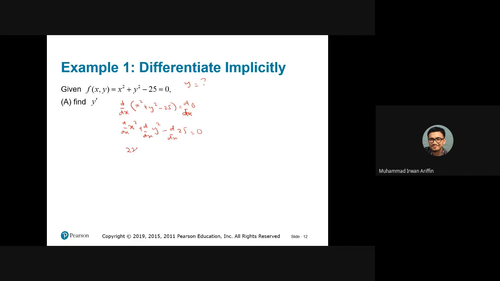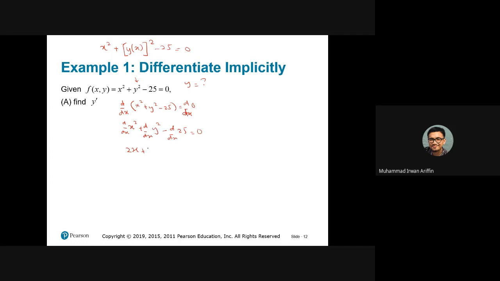It is simply 2x. Now, for this one, take note, you can rewrite it like this: y is a function of x, and x squared plus y squared is 25. Because y is a function of x, there is an x here, so the derivative of y squared with respect to x is not simply 0. So what do we need to do here?